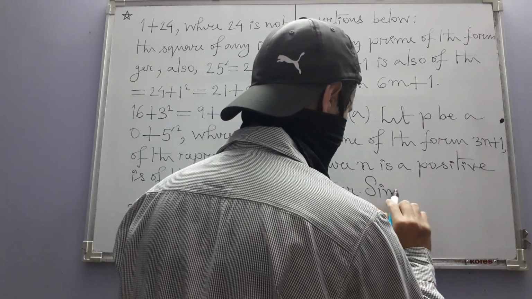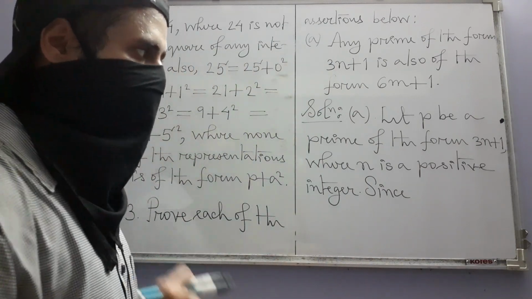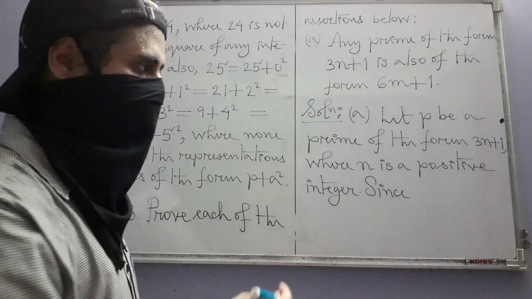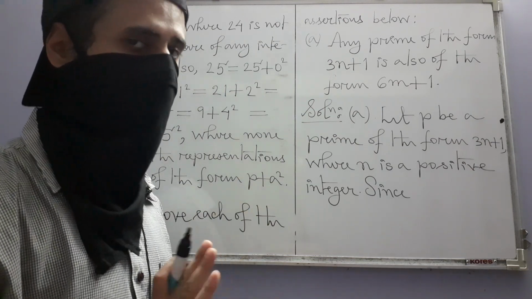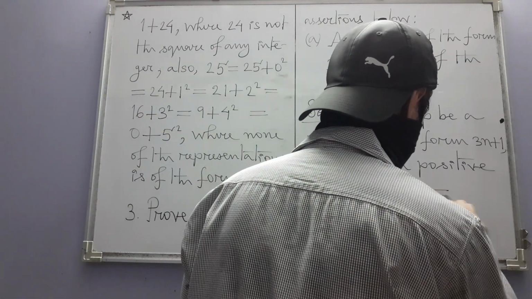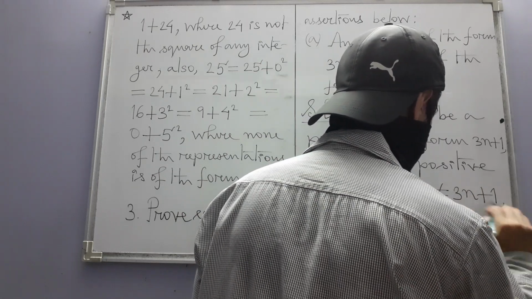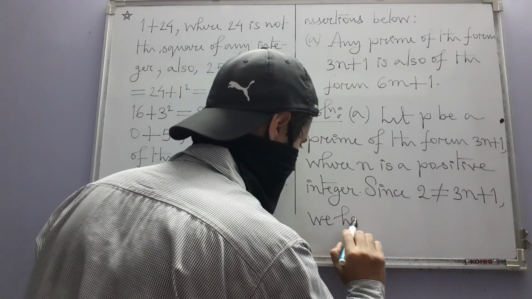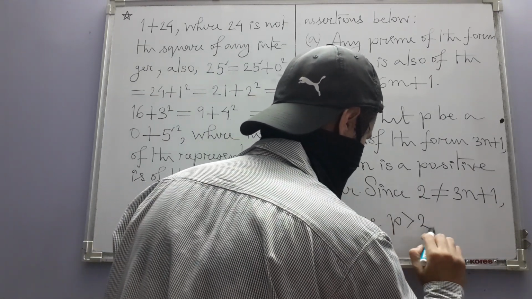So what is the smallest prime? The smallest prime is 2, but 2 is not of the form 3n plus 1, because if we divide 2 by 3, then the remainder is 2, not 1. Since 2 is not equal to 3n plus 1, we have p greater than 2.